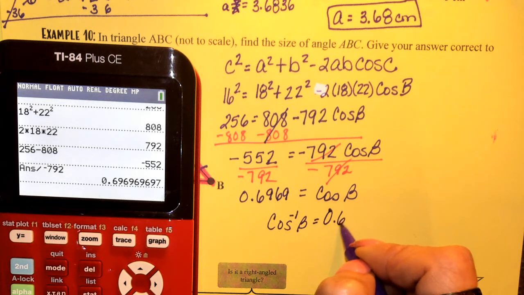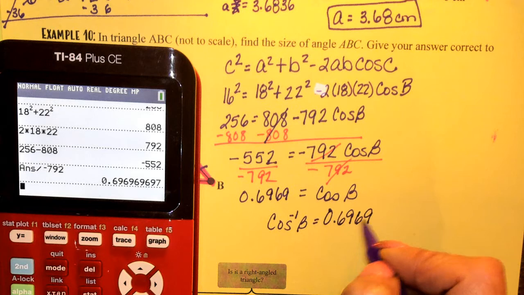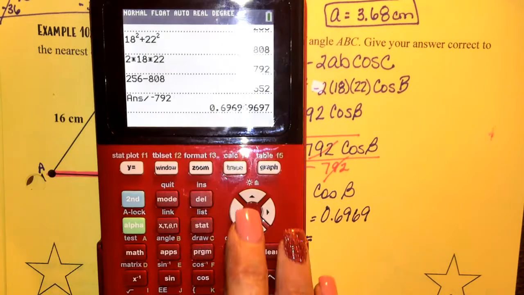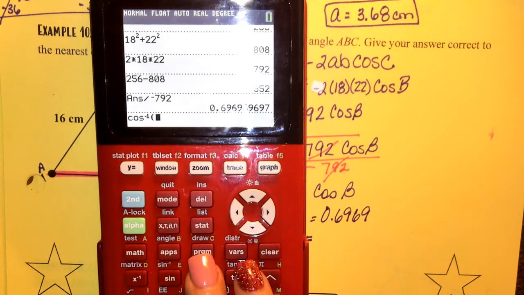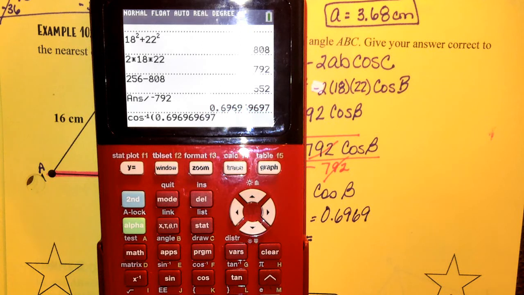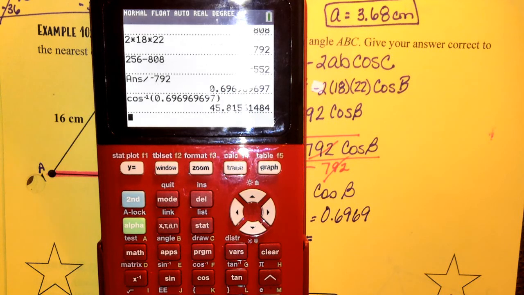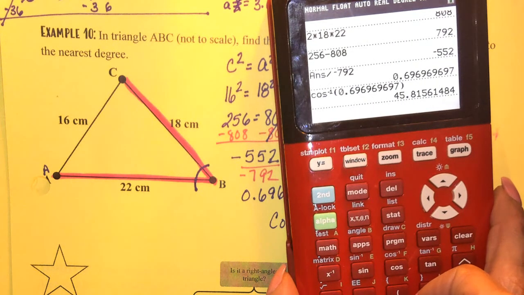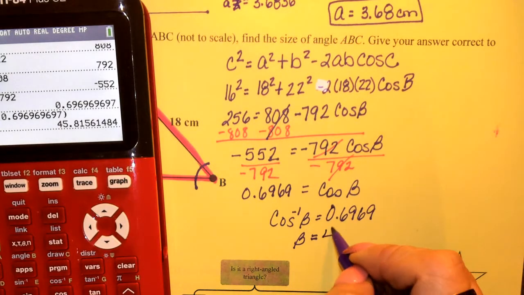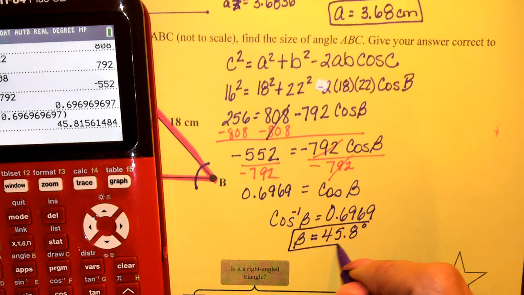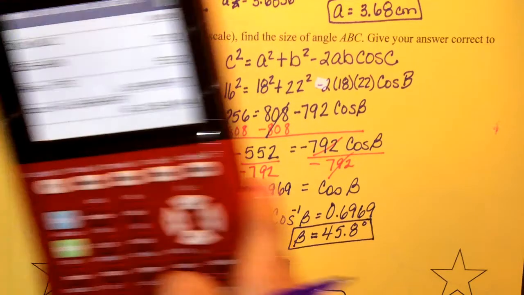So 0.6969, that means that the angle, so I'm going to say second cosine, that puts the inverse. I'm going to copy that down here, and I'm going to say enter. And there it is, 45.8156. 3 sig figs would be 45.8 degrees. And there it is.